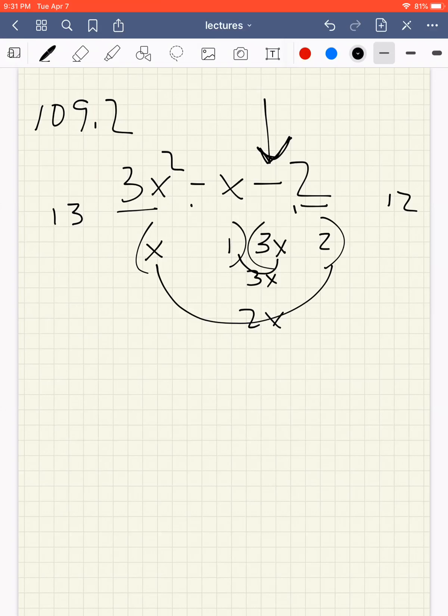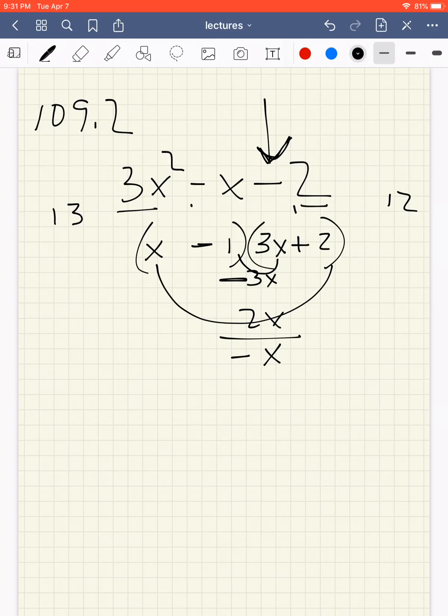One of these will be positive, one will be negative. So they're going to subtract. Will that subtract to be -1x? Yes, as long as the 3 is negative. So in order for the product 3 to be negative, this would have to be negative because -1 times 3 gives us this, which means this must be positive.